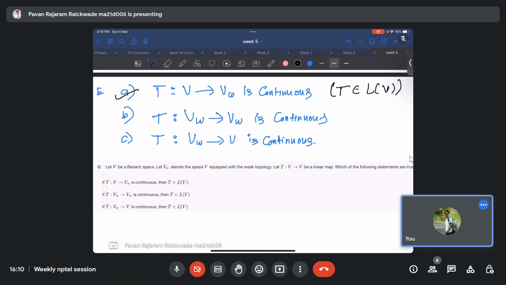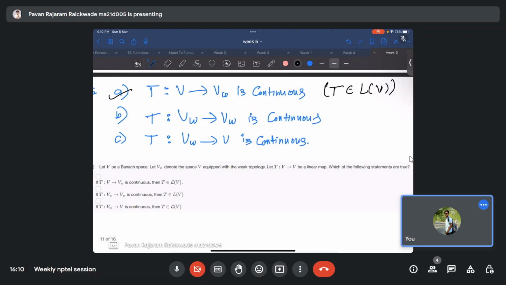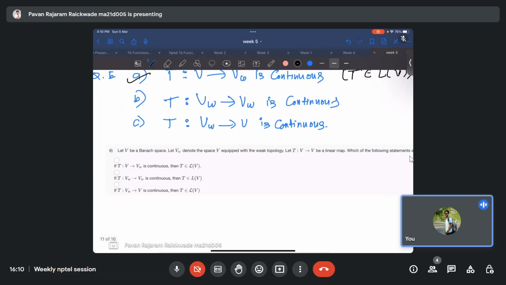So part 2. Part B says T from VW to VW is continuous.